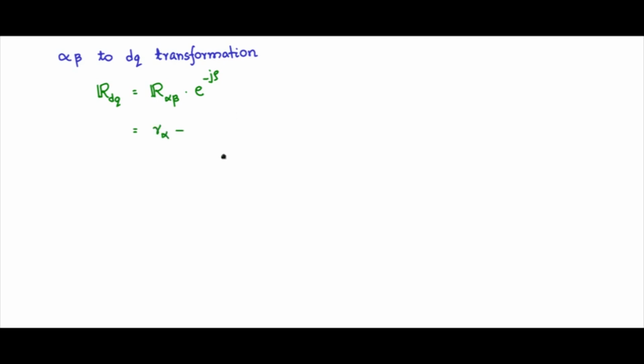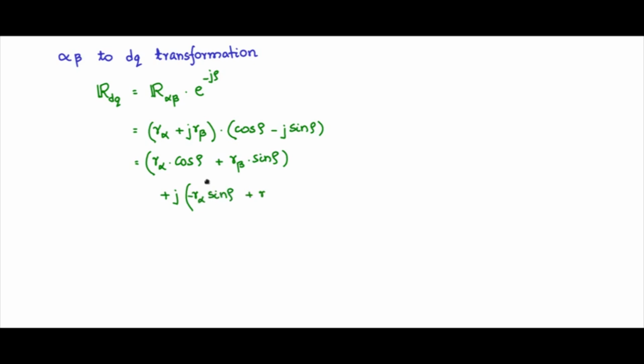So this is R alpha plus j R beta into cos rho minus j sin rho. So you expand that, you will see that you will get it in this fashion. Now this is RD and this is RQ. So that will be RD plus j RQ.